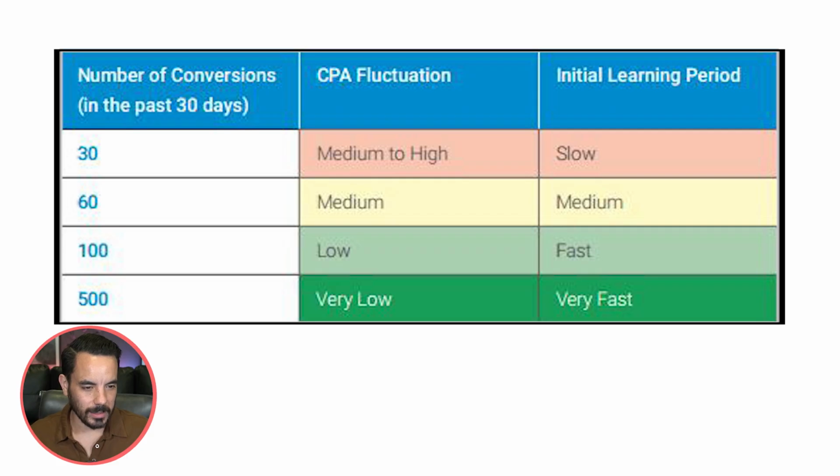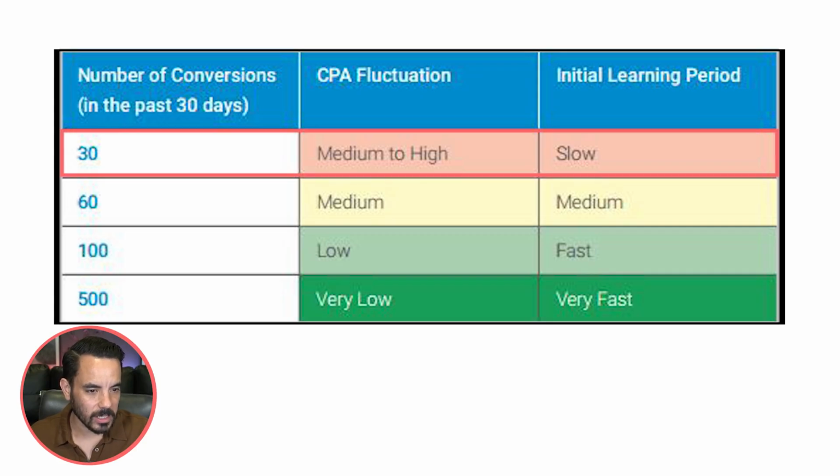It's more like a sliding scale where the more conversions you get, the lower your fluctuation and the lower your learning period. So if you're at around 30 conversions in the past 30 days in the campaign, you might have medium or even high CPA or ROAS fluctuation, and your learning period is going to be pretty slow. You're going to have to wait like 2 months or so just to get enough data so that you can actually see what your performance is like.